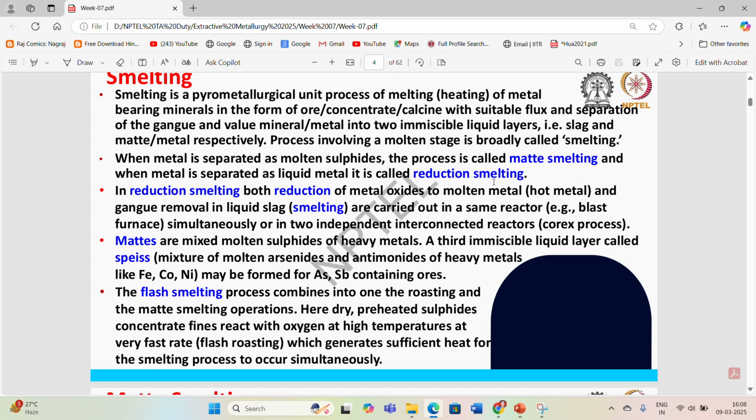Like for example, in the case of chalcopyrite ore smelting, as we all know, that is a combination of copper sulfide and iron sulfide as a gangue material. So what we try to do during that smelting process is separate out the copper sulfide in the molten form with the help of the matte smelting process, and at the same time the iron reports to the slag phase.